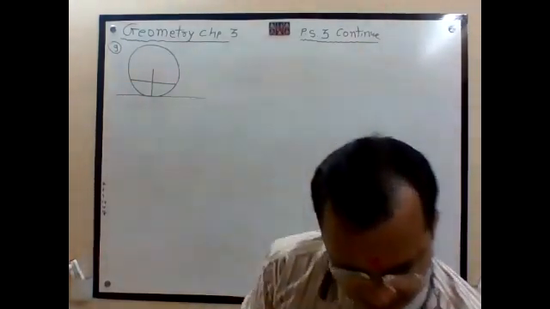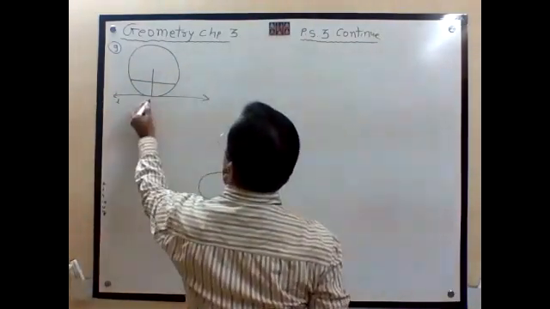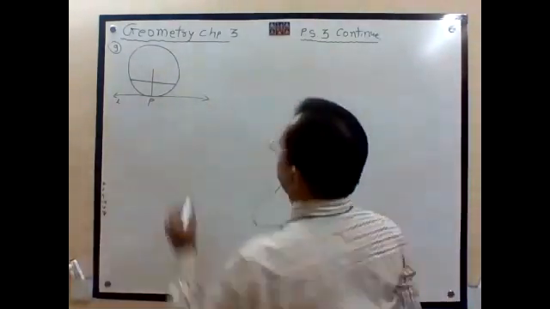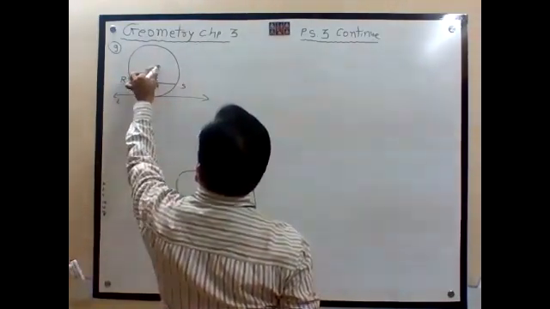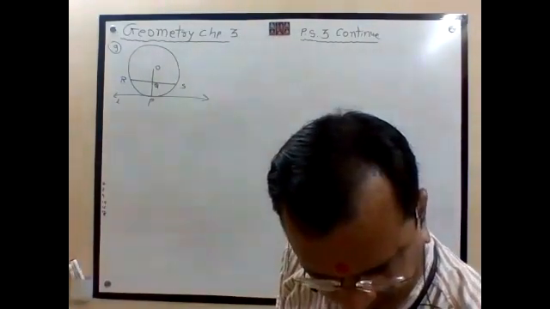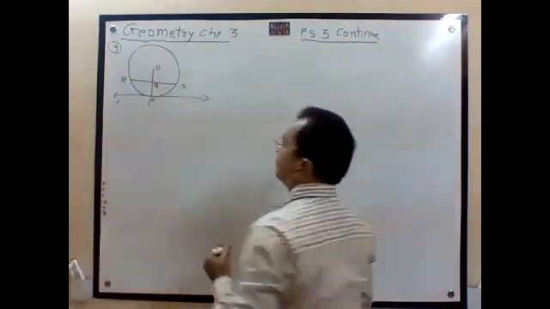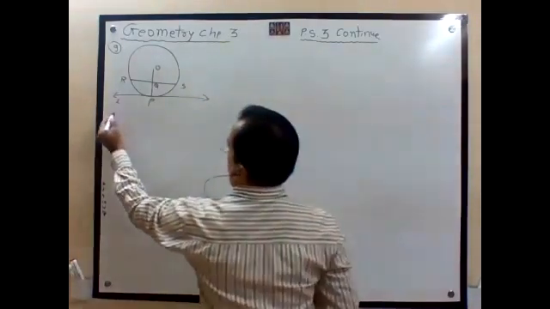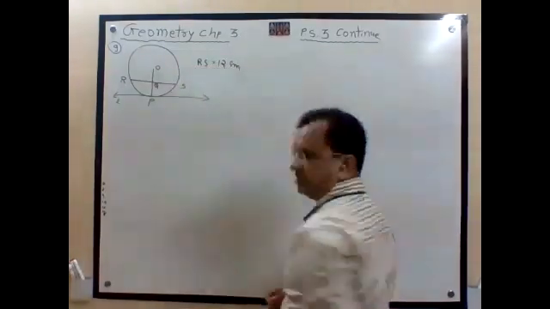Okay. Now line L. This is P, R, S, Q. This is O. RS is equal to 12 centimeters.